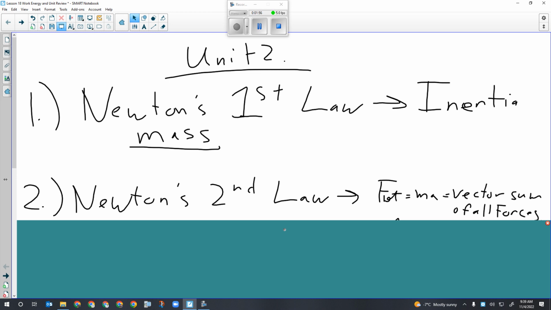When it comes right down to it, every single Newton's second law situation we dealt with involved two things: F net equals m times a, and F net is the vector sum of all forces. So that's Newton's second law, really quickly summarized.